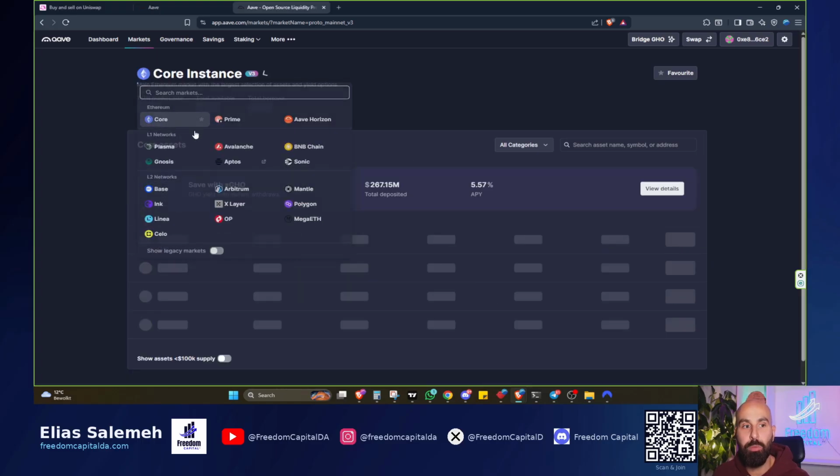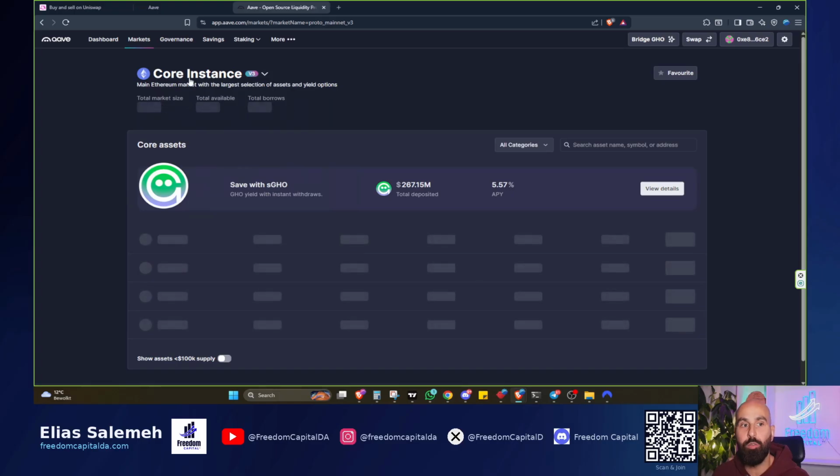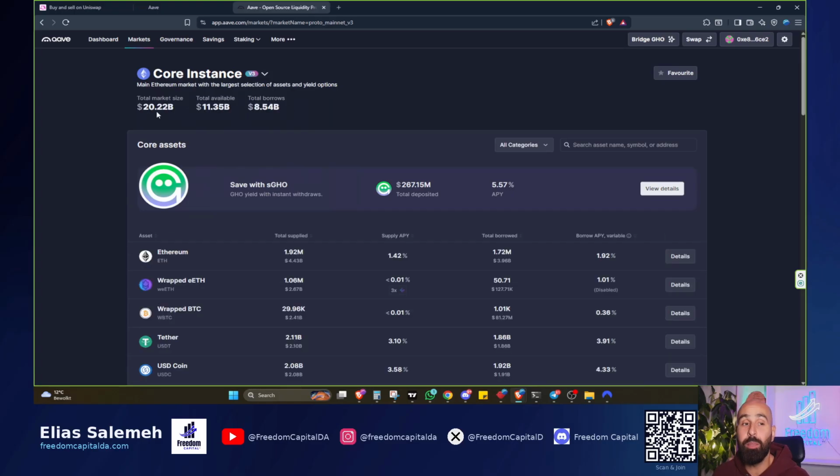Keeping in mind that each market has different stats. For Ethereum, for example, the market size is 20.22 billion. There is still right now 11.35 billion worth of digital assets that can be borrowed. And currently there is 8.54 billion that have been borrowed already.